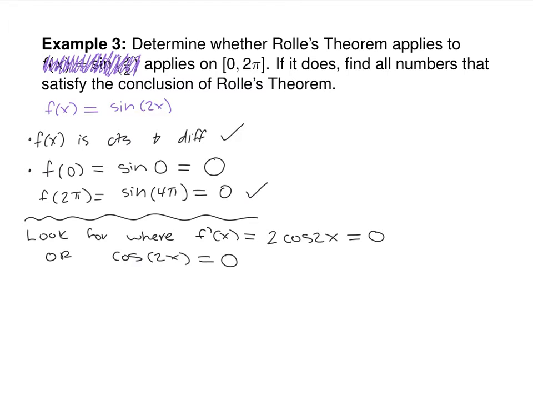Like, oh no, it's a 2x there. So there is a way to solve this algebraically, but I think that you're probably actually better at graphing sine and cosine functions. So how many cycles does cosine of 2x go through in 0 to 2 pi? Goes through twice the number. Yeah, so usually it would go through 1 cycle in 2 pi, but since it's cosine of 2x, it goes through 2 cycles, right?